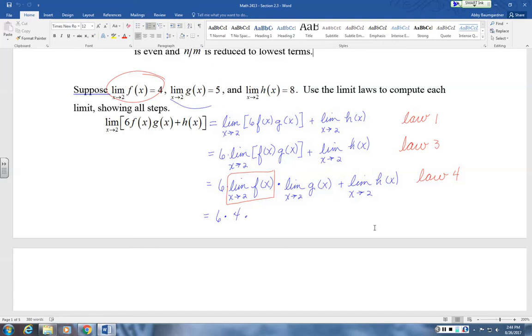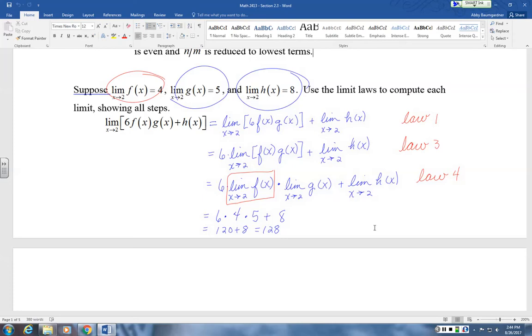And we have from this one that the limit of g of x as x approaches 2 is 5. And the limit of h of x as x approaches 2 is 8. So this gives us 120 plus 8, which is 128.